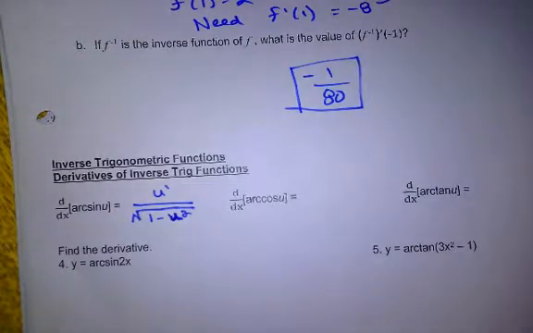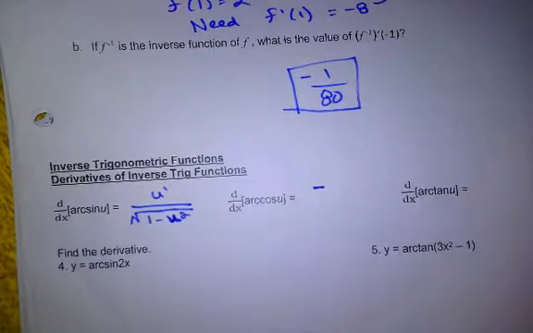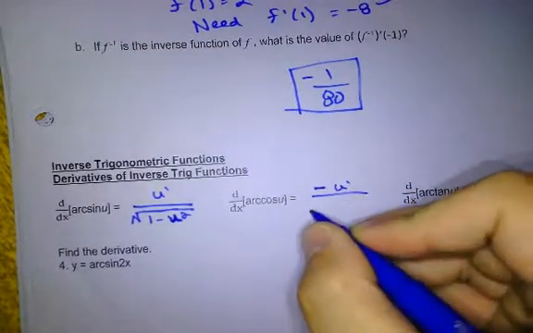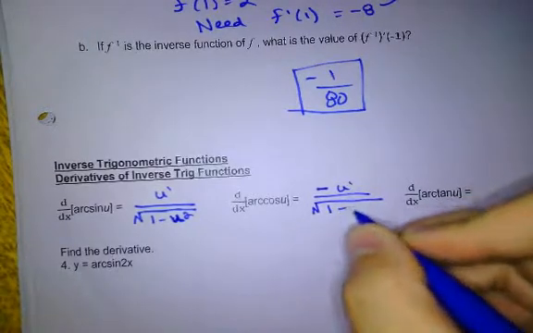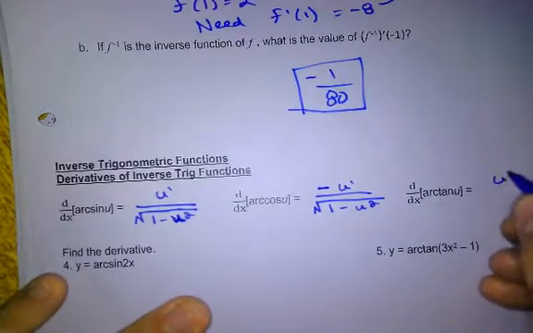For arc cosine, because it starts with a c, it's going to be negative u prime over square root of 1 minus u squared. Arc tangent. This is just all definitions.